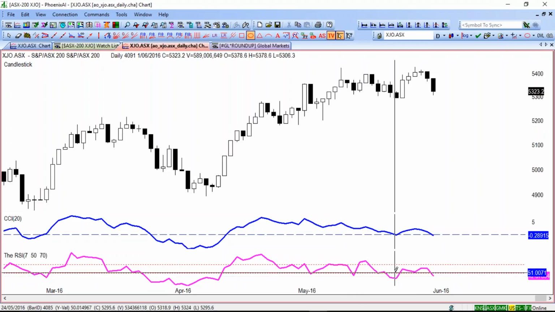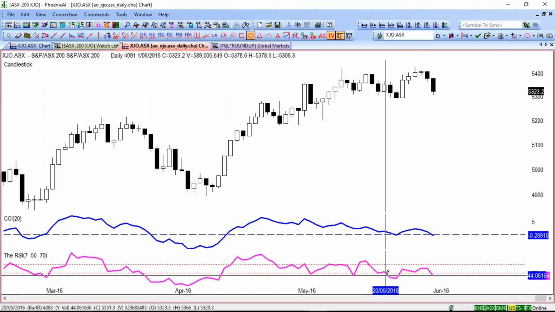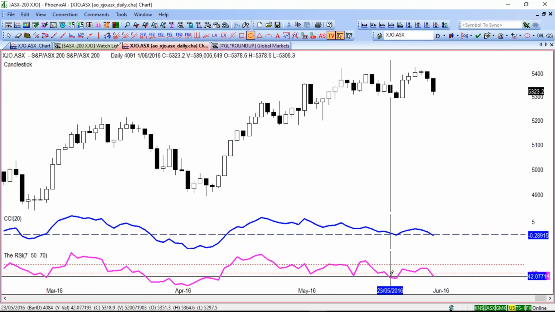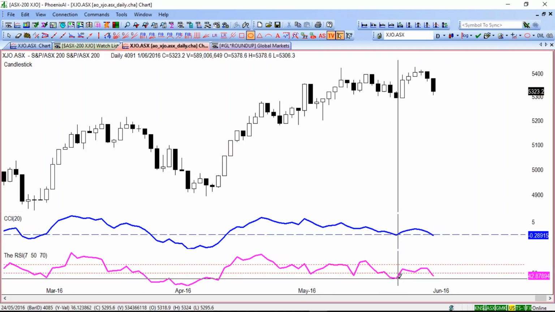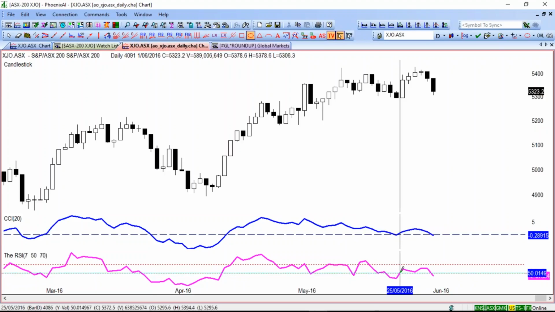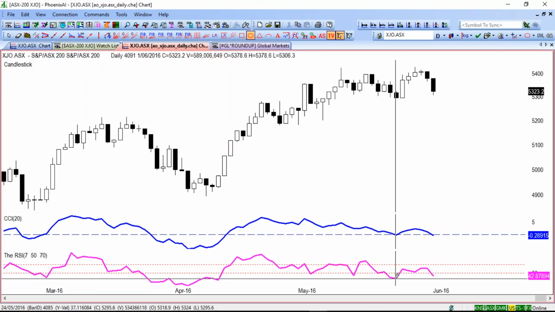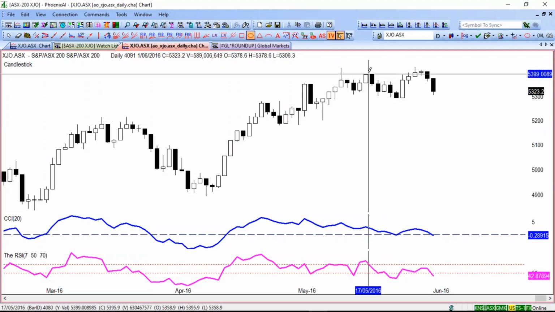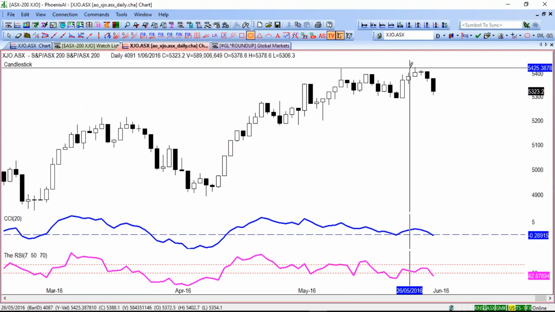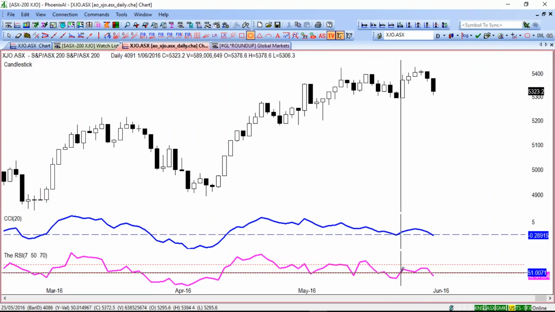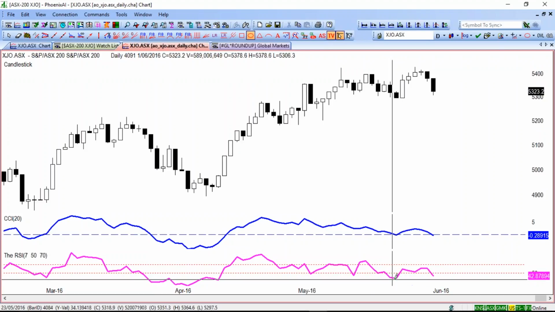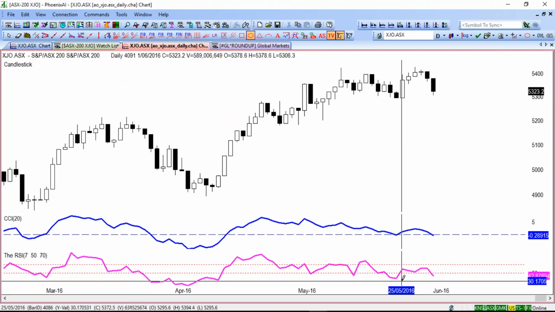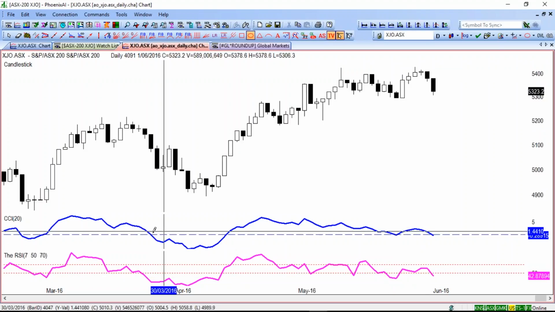No, as you see, we can see here that the middle part here is swung below the 50 line. So it's not true divergence, not true swing failure. It does need to stay above the 50 line. And the market's made a high here and made another high here, but this is not true swing failure as it's below the 50 line. It really has to stay above the 50 line.